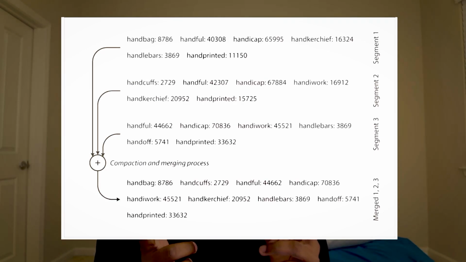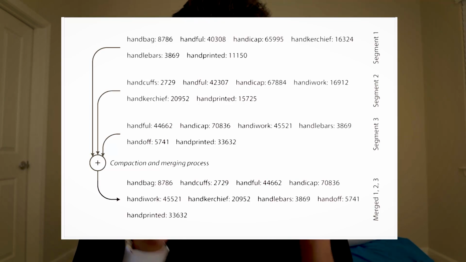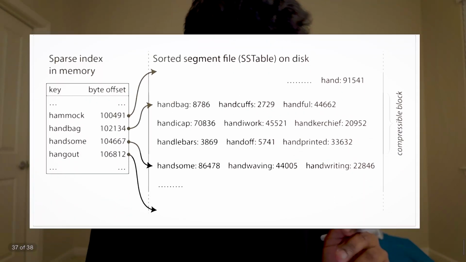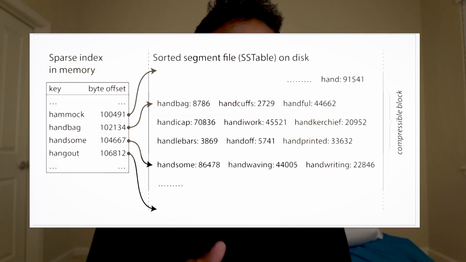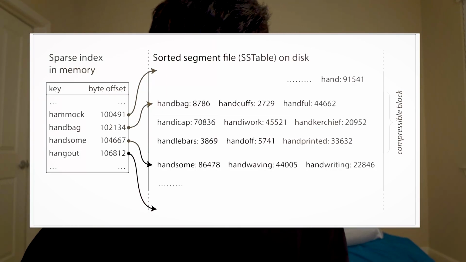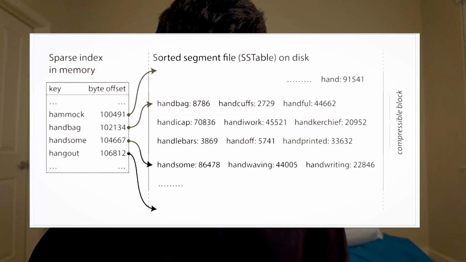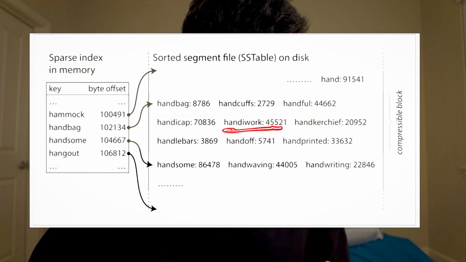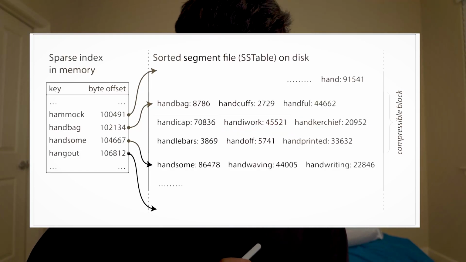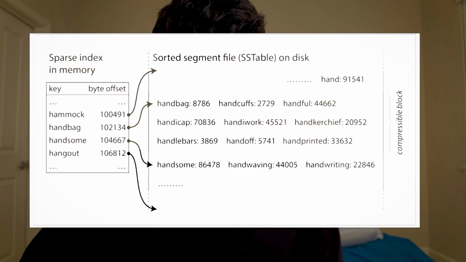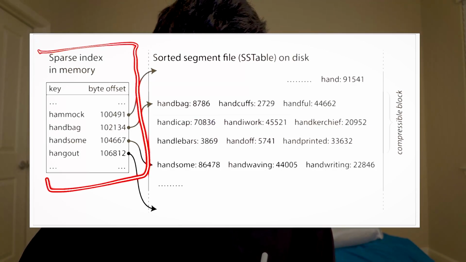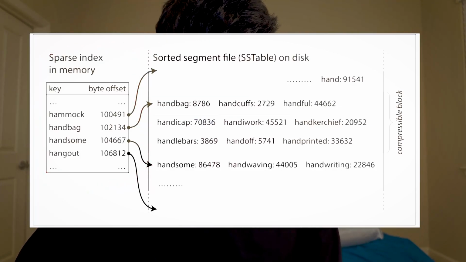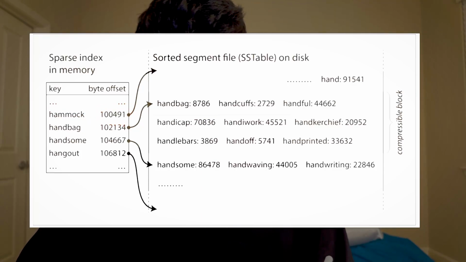Let's understand with a simple example. Again, this screenshot is taken from the book Designing Data-Intensive Applications. Let's say we are searching for the word handiwork. This is our sparse index in memory, which stores the key and the byte offset. Why byte offset?